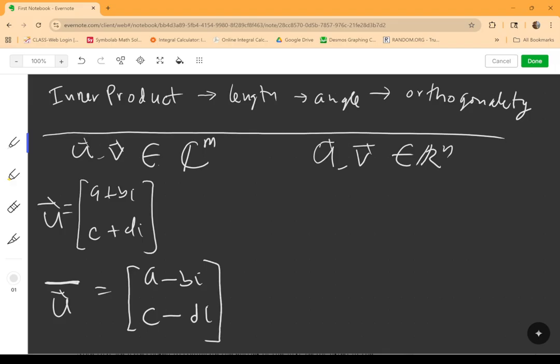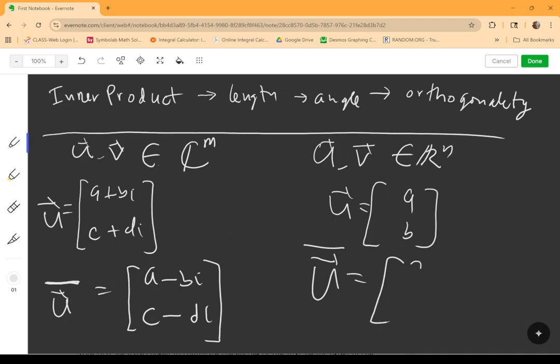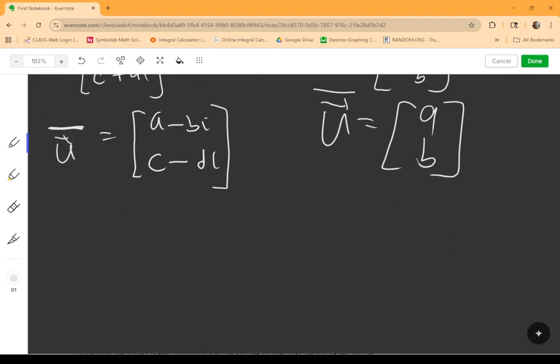You'll see a bar over the vector to signify the conjugate. But in R^n, we're just looking at a, b, so the concept of a conjugate does not really apply, since the conjugate flips the sign on the complex part of the number. So as we define the inner product, we don't need to worry about the conjugate portions.